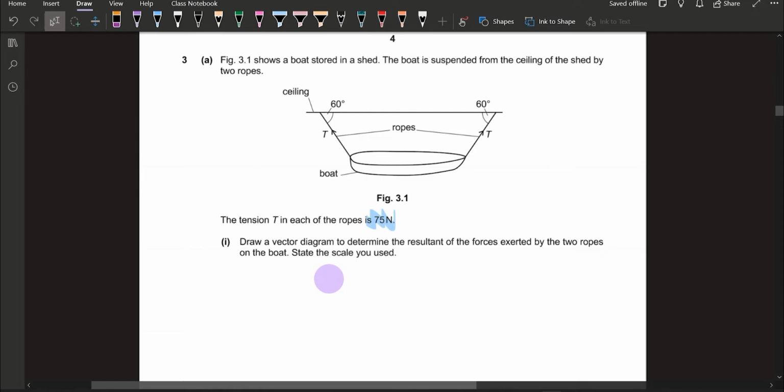So as we can see in the question, it says that tension in these ropes is 75 Newton. So we can just write here 7.5, 7.5, as we are taking 10 Newton as 1 centimeter. So this is going to be 7.5 as well. If you do the math, you'll know that this is also 7.5. So we can draw the same diagram down, and we'll continue next.